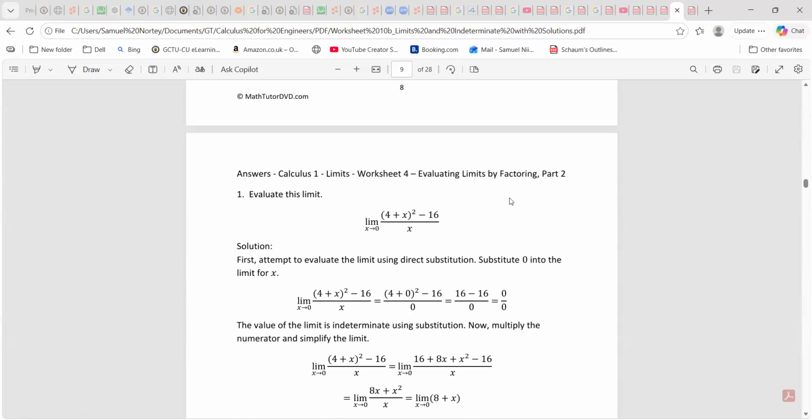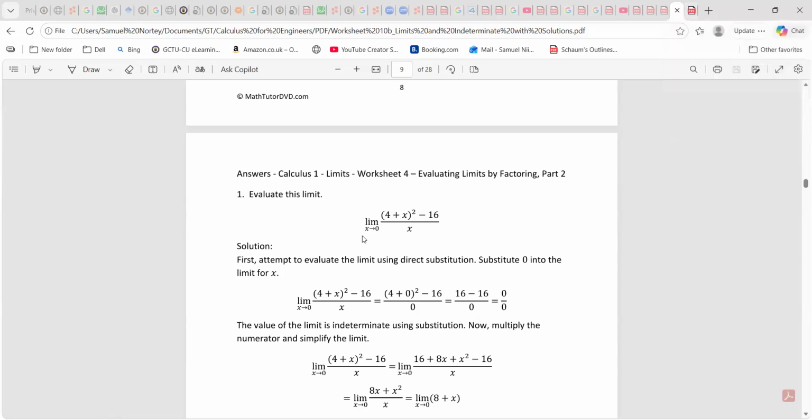So this is to help you, first of all, make sure that you understand the terminologies, understand the technique for indeterminate form, and then how it is used. So each one has been solved, and they've given you a detailed solution. It's not like my third worksheet.